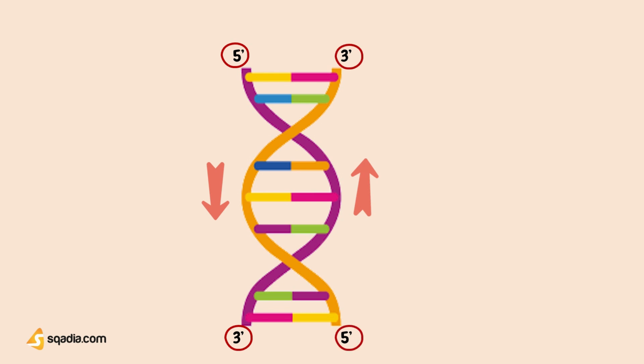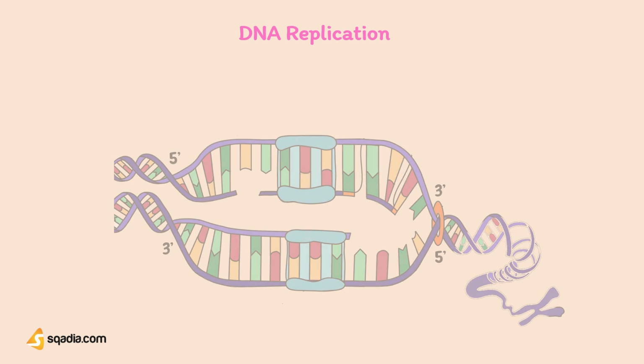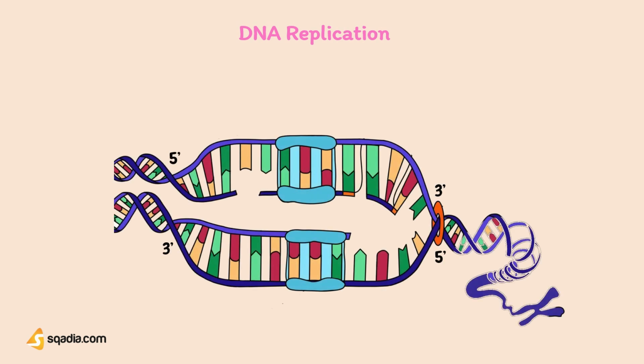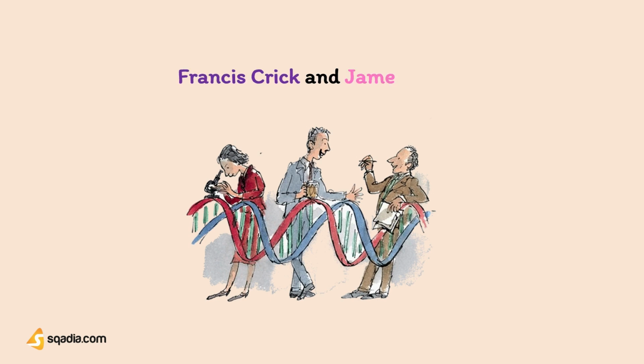They are called the sense strand and the antisense strand, respectively. The strands are separated during DNA replication. This double helix structure was first discovered by Francis Crick and James Watson, with the help of Rosalind Franklin and Maurice Wilkins. The human genome is made of 3.2 billion bases of deoxyribonucleic acid.